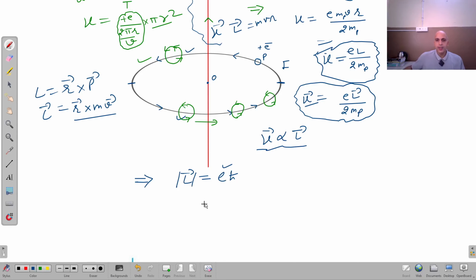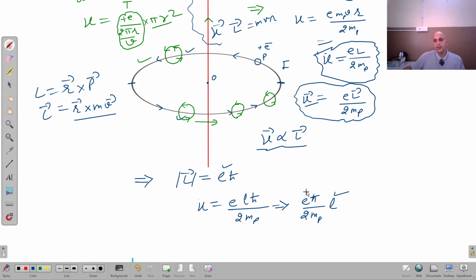So if I put it here, then I will get mu is equal to E into l h cut upon 2mp. So I can write it further, E h cut upon 2mp into l, the orbital angular momentum quantum number, right?